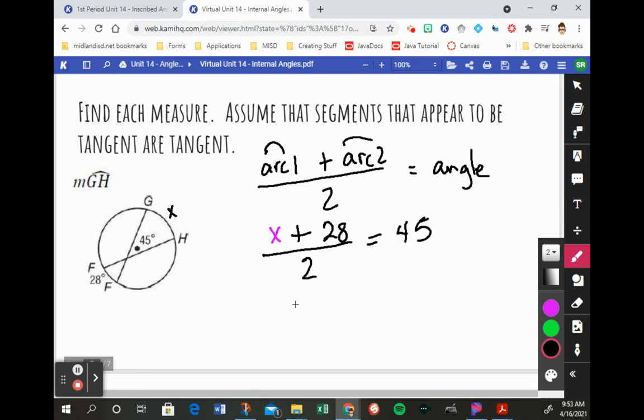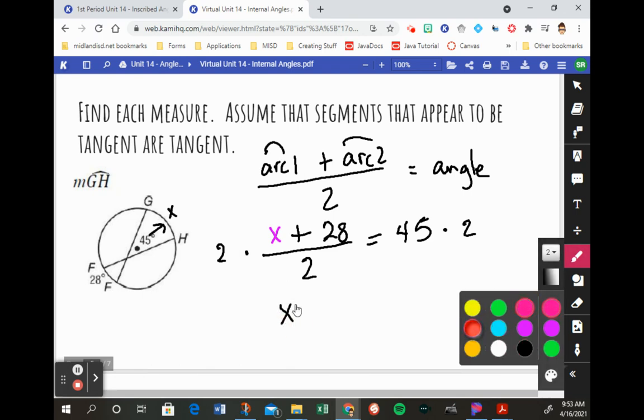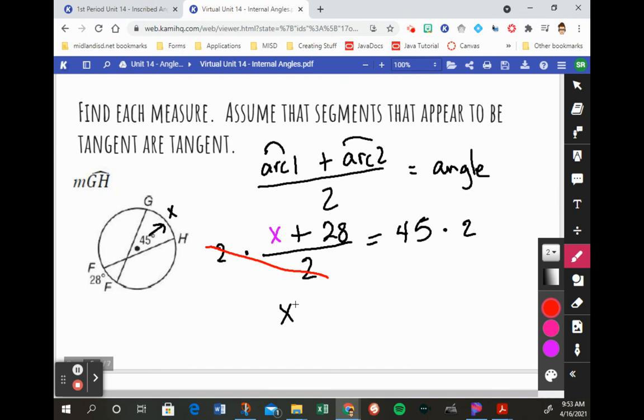Arc 1 is the one that's facing the X. Okay, how do I undo division here? I'm going to multiply by 2. So I have X, these would cancel. See? So now I have X plus 28 equal to 90. So subtract the 28.